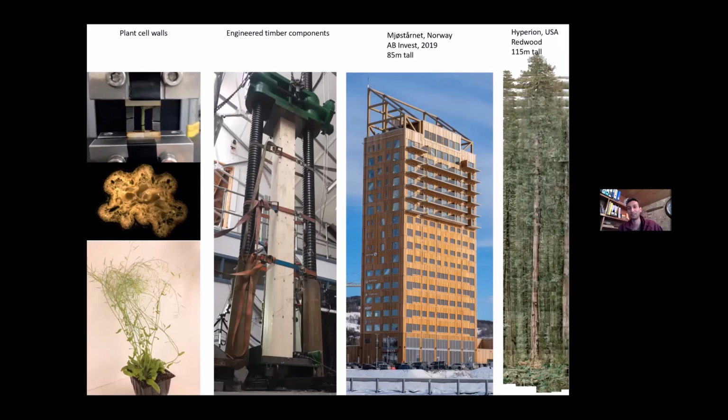And that is what enables us to produce such tall structures. On the right of this slide, you can see the tallest tree in the world, Hyperion, which is 115 meters tall. So we still haven't made timber buildings as tall as the tallest tree in the world. So a bit of a way to go, but that is the aspiration, at least.